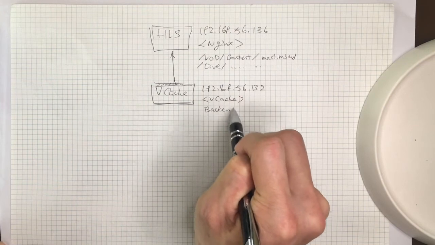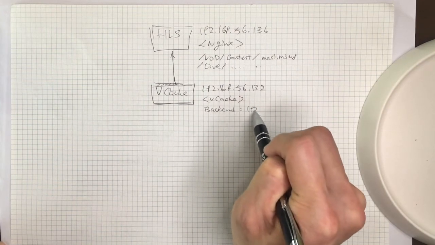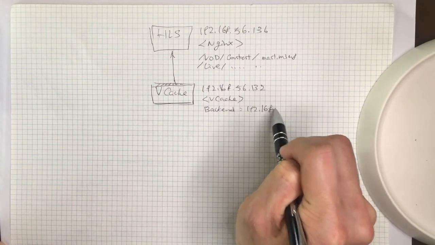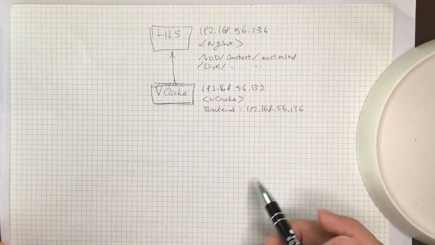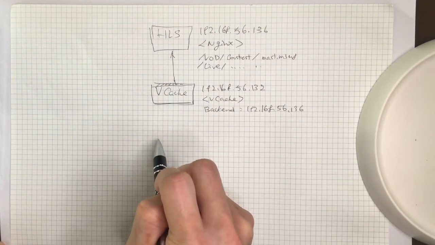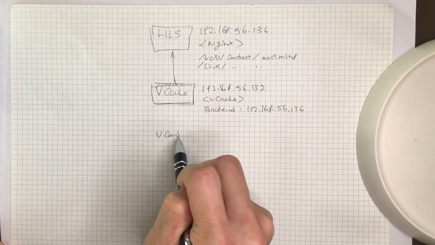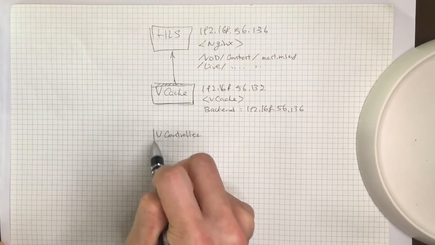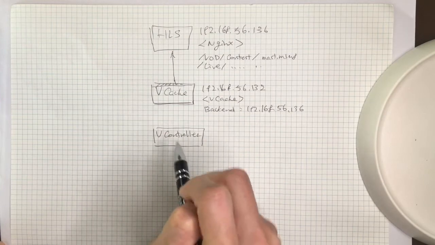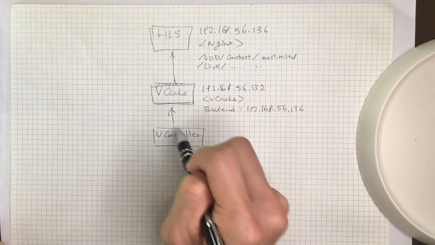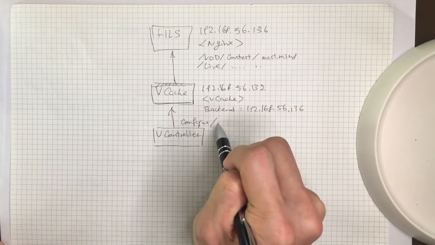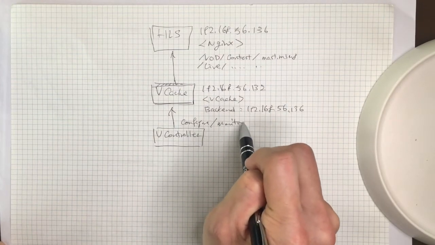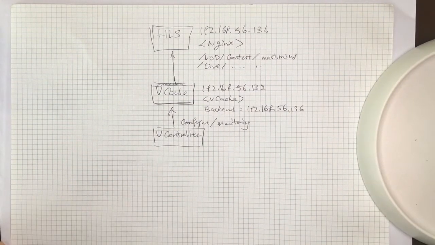And we also need to set up the backend to point to the HLS origin. So it is the same IP address, 136. And then we also set up a controller in this demo to configure the V-cache and also use it to monitor the cache utilization.